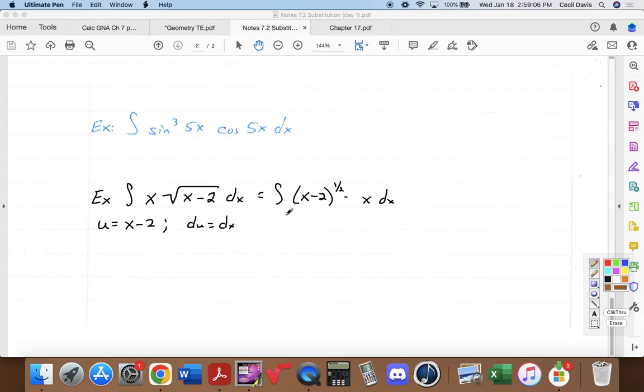So that if I substitute, I've got the integral of u to the 1/2, and suddenly you're like, uh-oh, I have a problem here. I have this x stuck in the middle here that's not accounted for by either of these, is it?